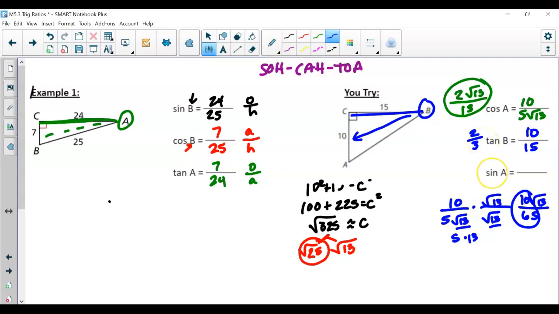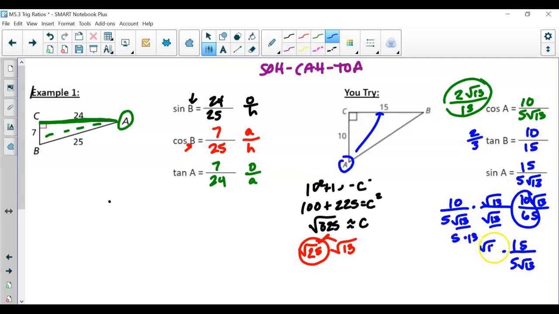Then sine of A. Again here, sine of A, our reference angle, is opposite, which is 15, over the hypotenuse, which is again 5 radical 13. But again, you cannot leave that, right? So it's the same idea. You had to rationalize. So now you have 15 over 5 radical 13, times radical 13 over radical 13.